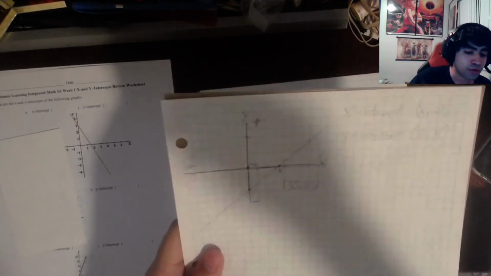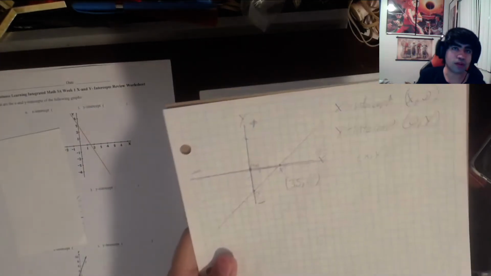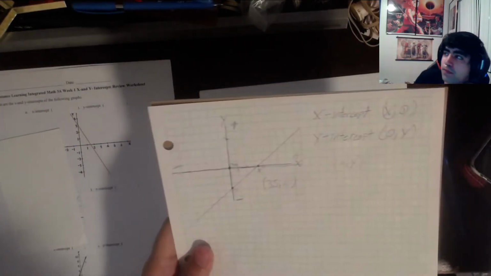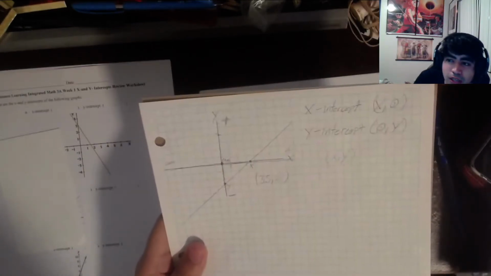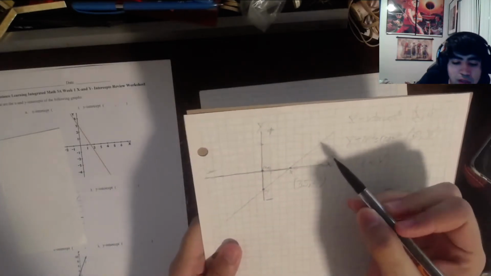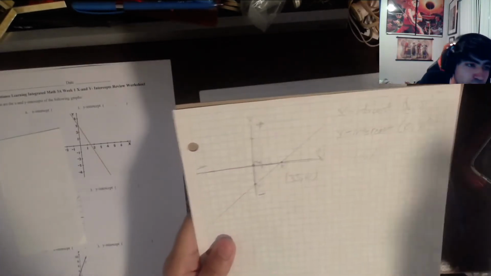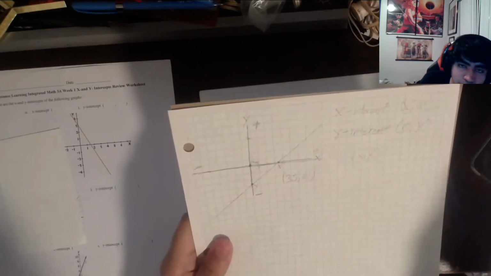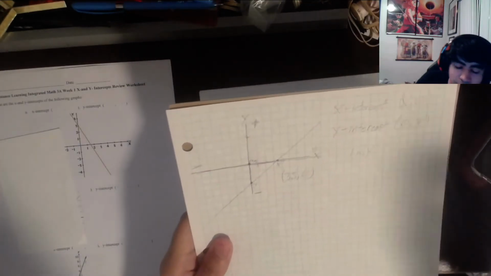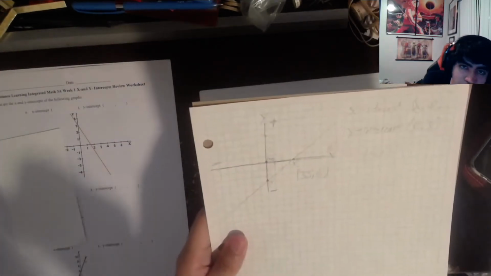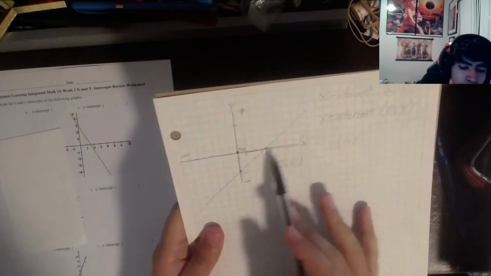If you're going down, I would consider that negative, and if you're going up, it's positive. And for the x-axis, the right side is positive, and the left side of the x-axis is negative.